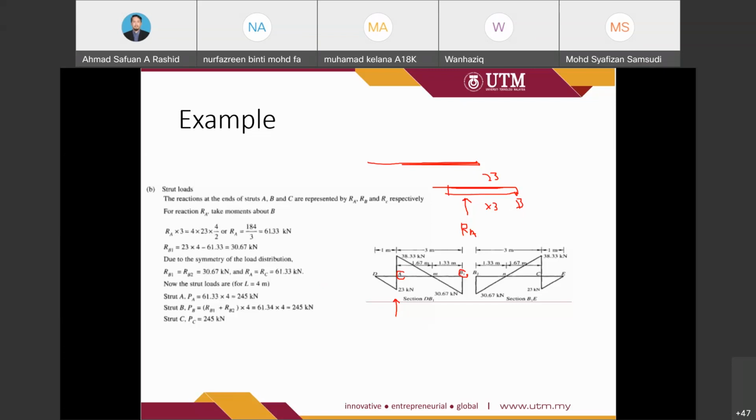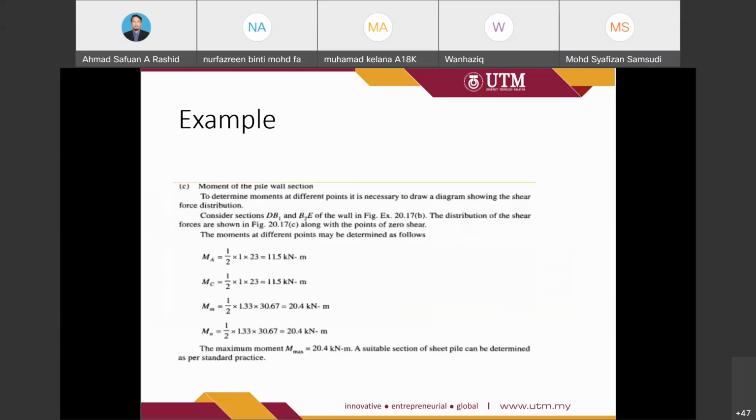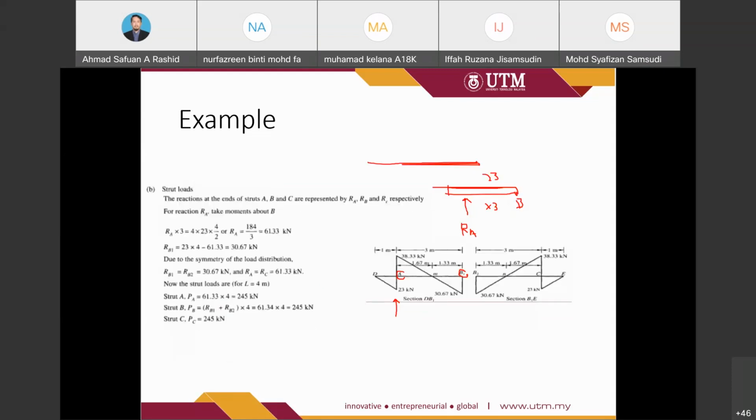So then for the moment of the pile wall, to determine the moment at different points, it is necessary to draw a diagram showing the shear force distributions. From the moment we may come up with this diagram, the shear force distributions.